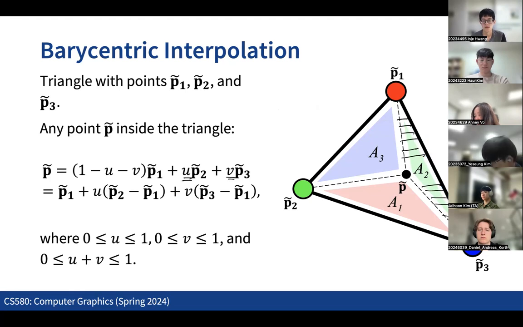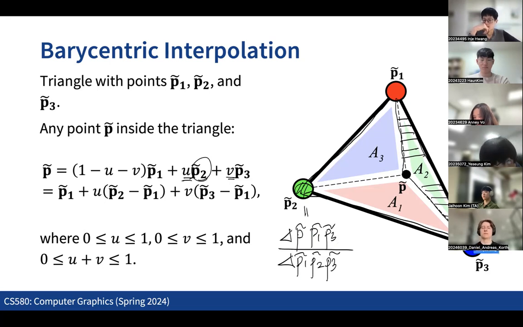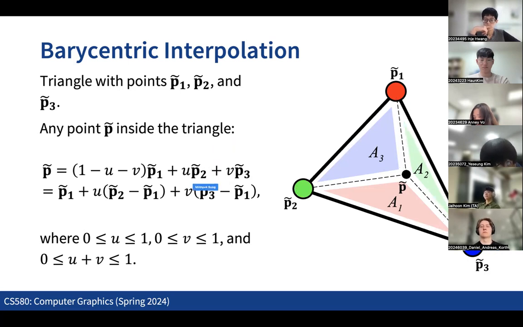For example, the coefficient for the second point, P2 here, can be defined as the ratio of the area of the triangle using P tilde, P1, and P3, so the area of this part which is opposite of this point, over the area of the entire triangle. This ratio becomes the coefficient at this point. I recommend you to check out how we can really prove this.